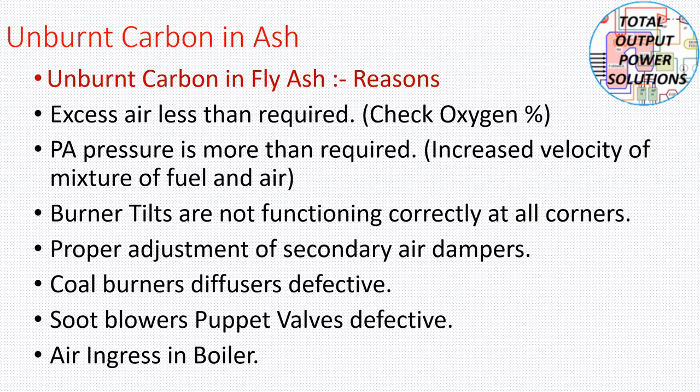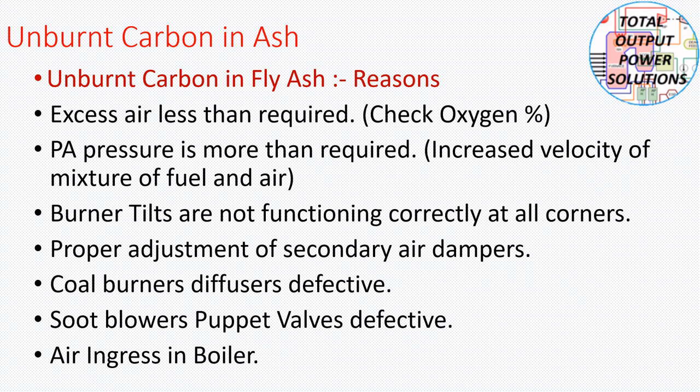The coal burner diffusers might have been defective somewhere, they might even have fallen. Because of this, the top side coal burners are directly diffusing all the coal not into the combustion chamber but on the top, and then it goes out, and you are getting unburnt carbon in fly ash.